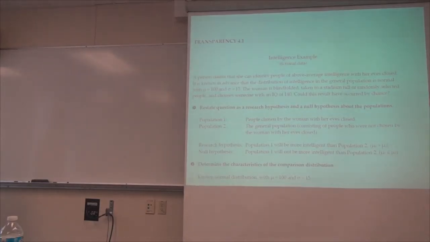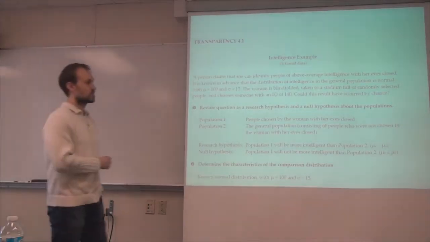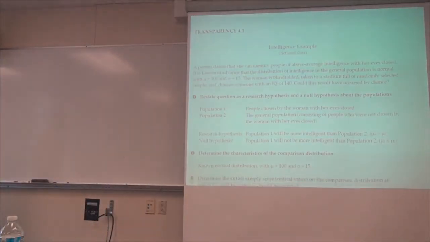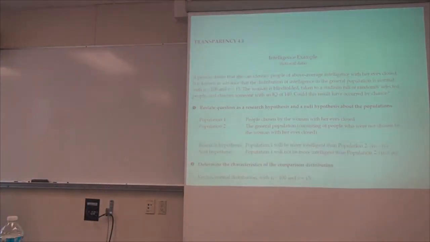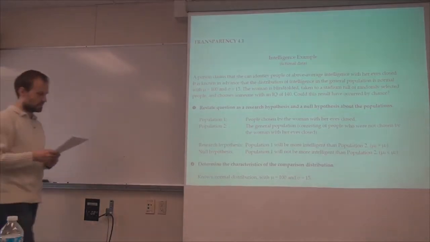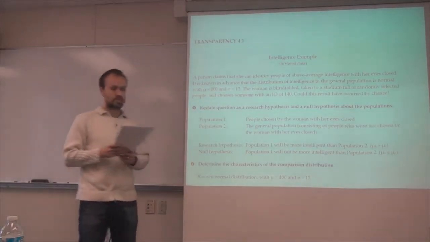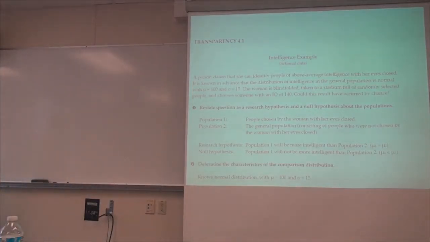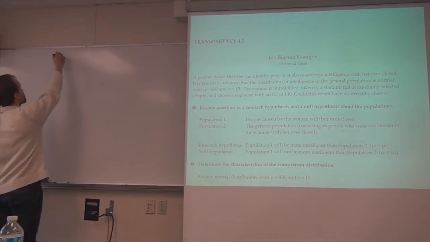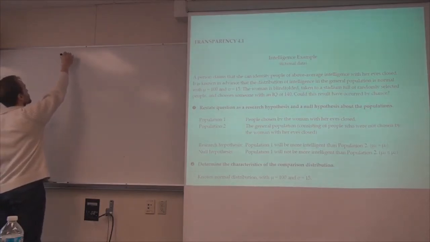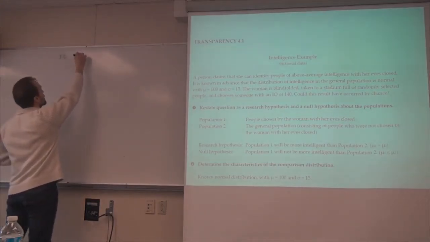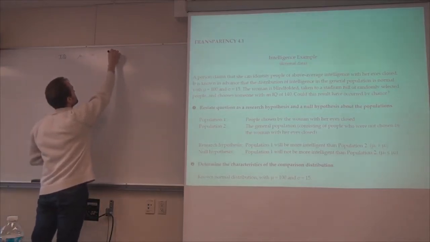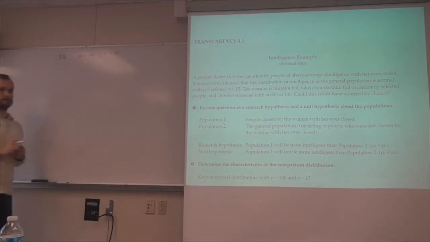And I know that the population in general behaves according to a normal distribution. So before we go ahead, let's just think about this. Let me write this down. My population has, I'm looking at IQ values, and the mean is 100, standard deviation is 15.